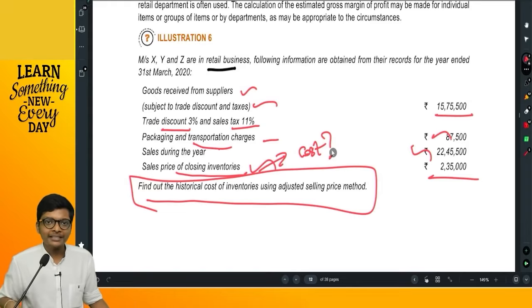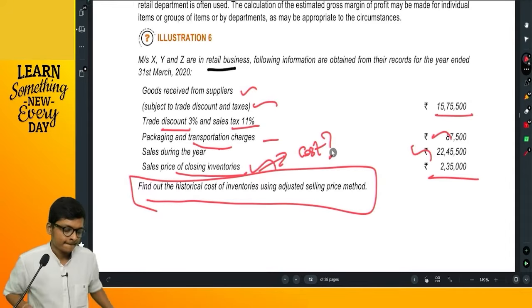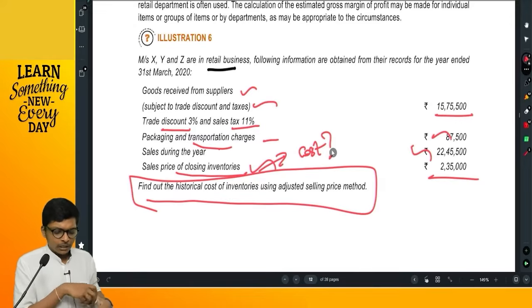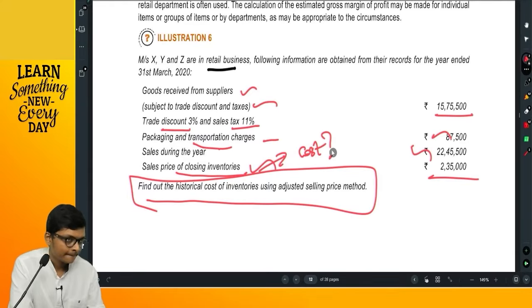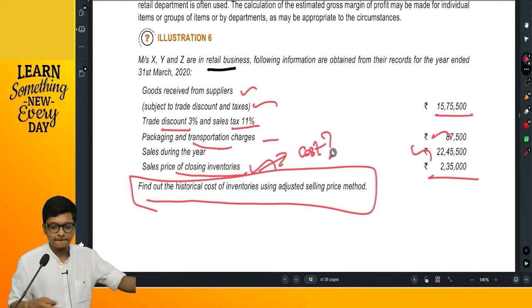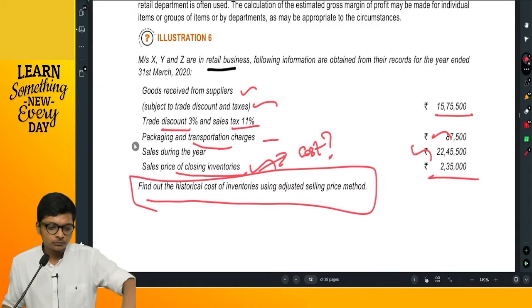Can you try it out, guys? Take a moment, try it out. Assume opening stock is 0. Take 2 minutes, then I'll solve, guys.